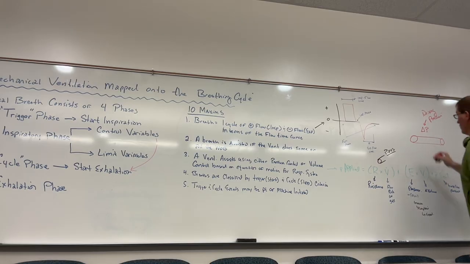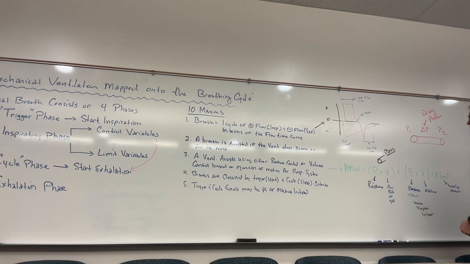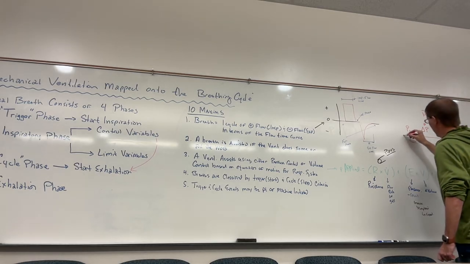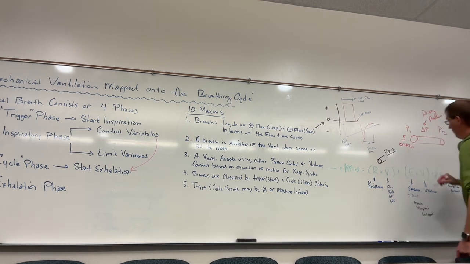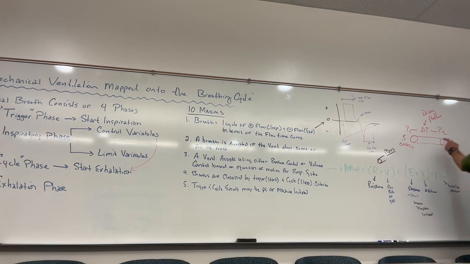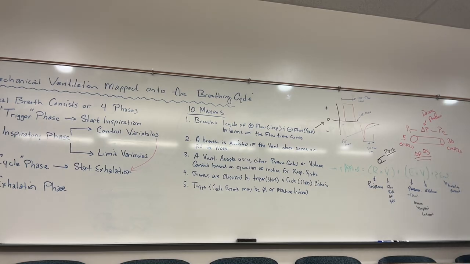All right, and so you're going to have, say, pressure 1 here on the left-hand side of the pipe and pressure 2 on the right-hand side of the pipe. And let's say that pressure 1 is 5 centimeters of water pressure, H2O, and pressure 2 is 30 centimeters of water pressure. All right, so the difference, the delta P from point 1 to point 2 is 25, right? That's the delta P. That's the pressure that is going to drive the flow of the fluid through that pipe.